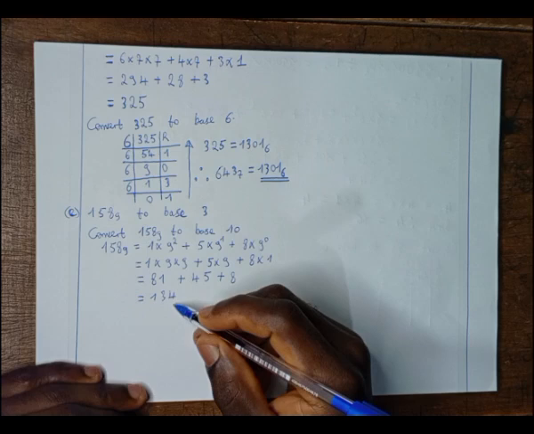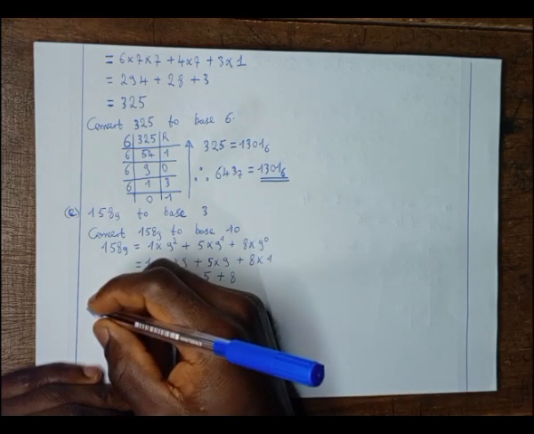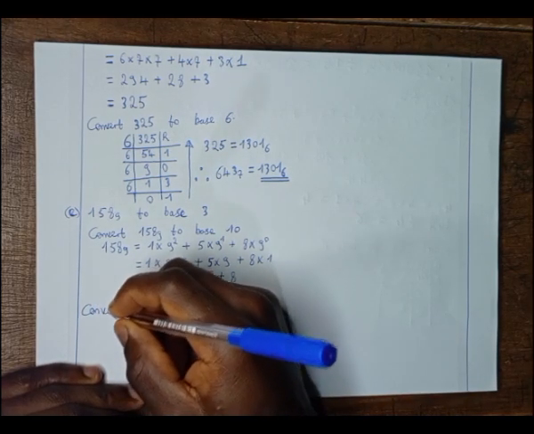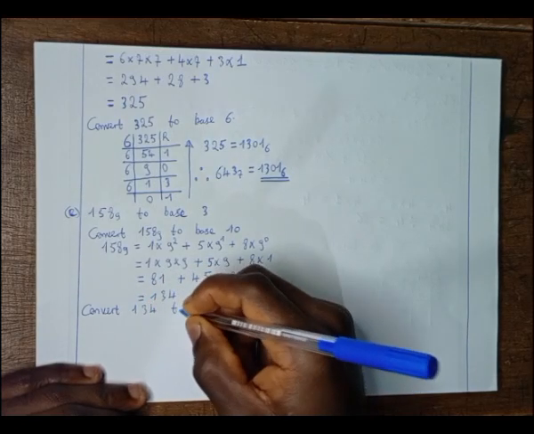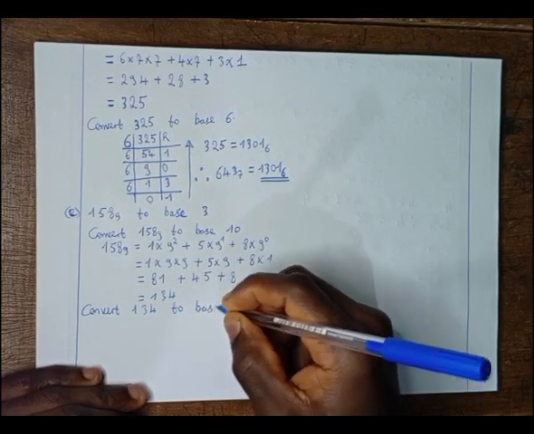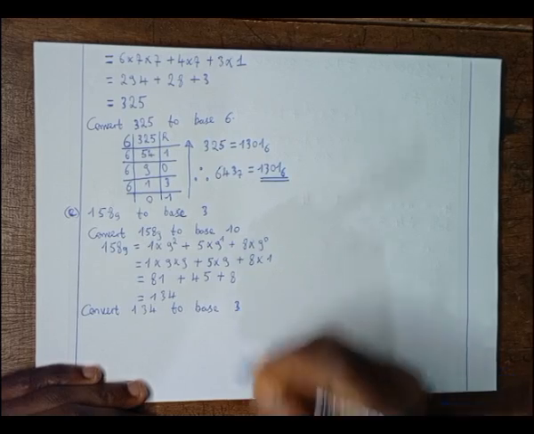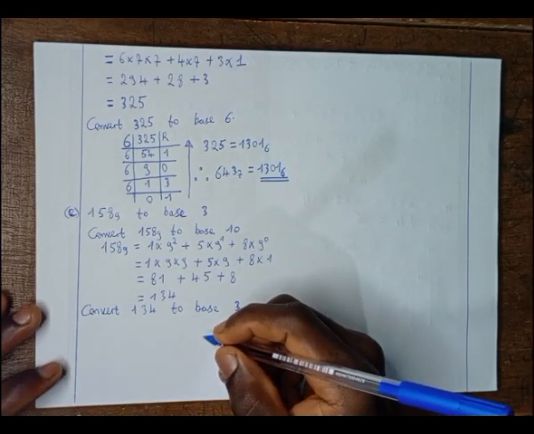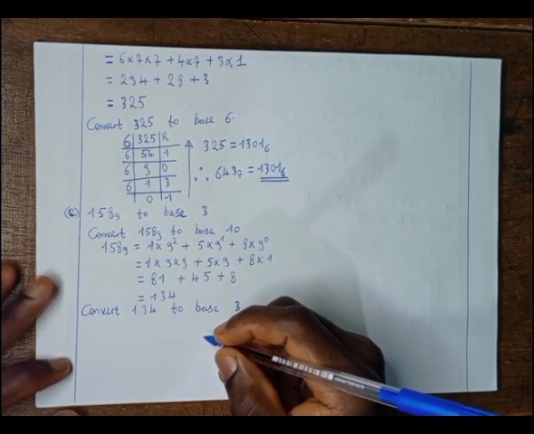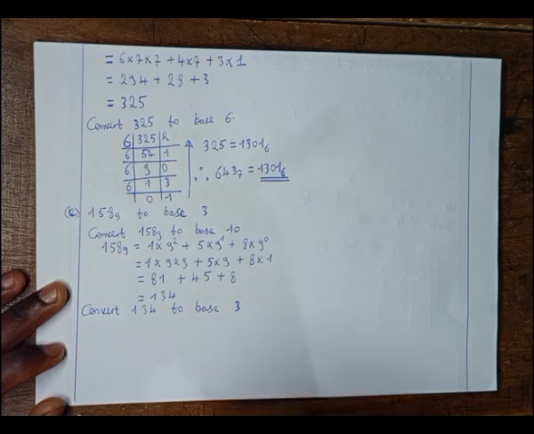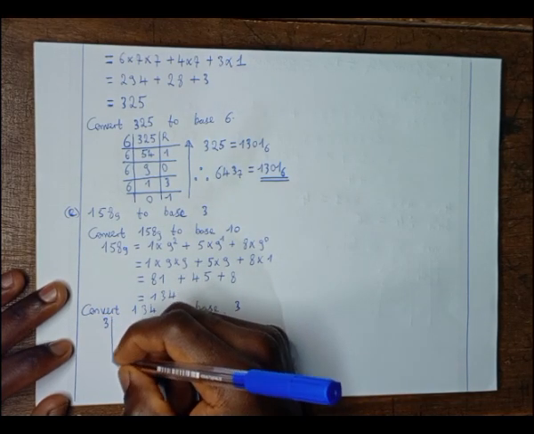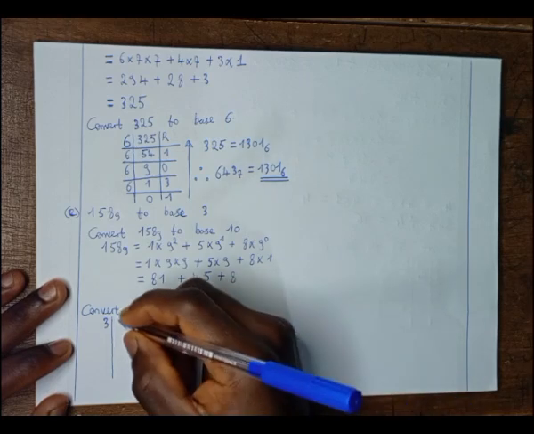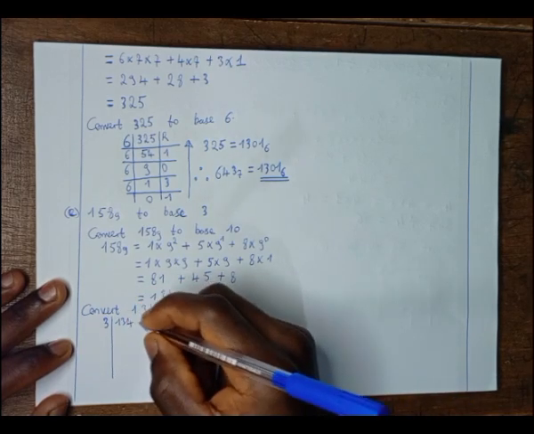Next we have to convert the number 134 to base 3. For us to convert the number 134 to base 3, we are going to make use of repeated division. For the first column, we have 3, the new base. The second column, we have the number 134.